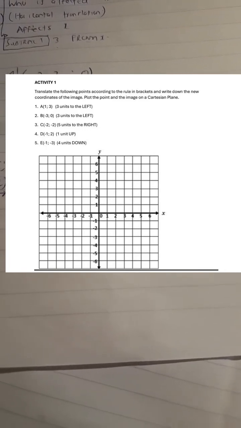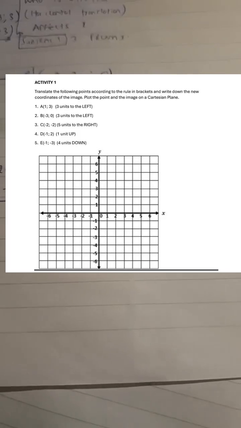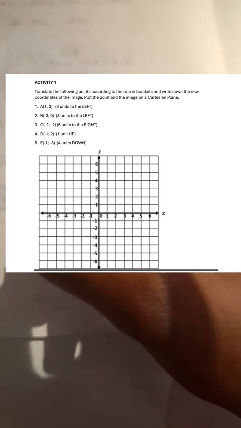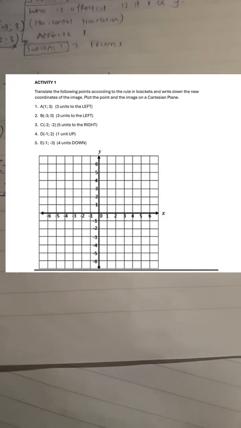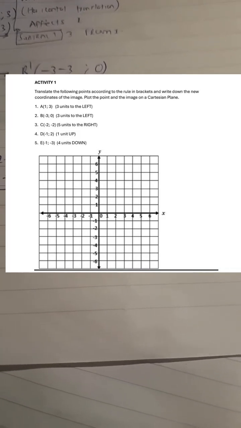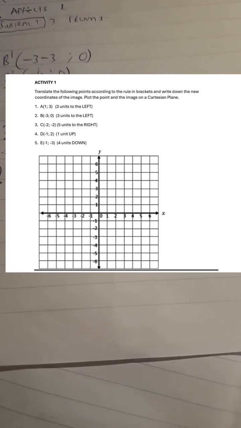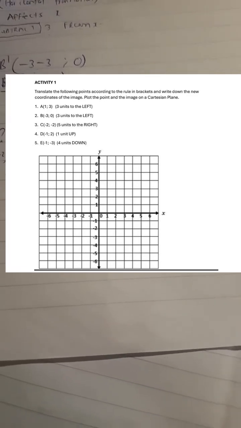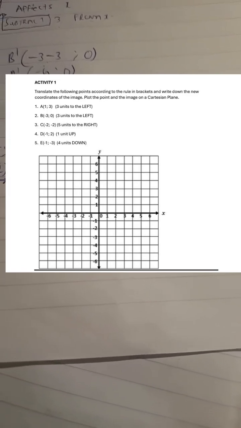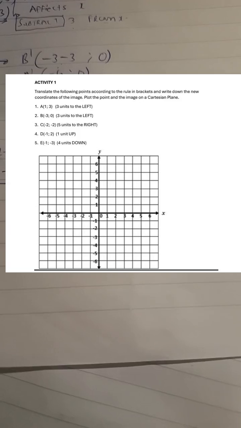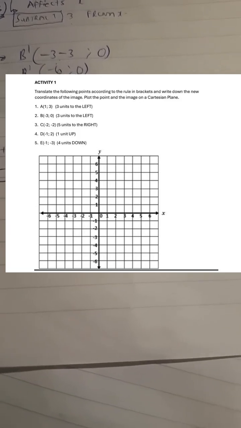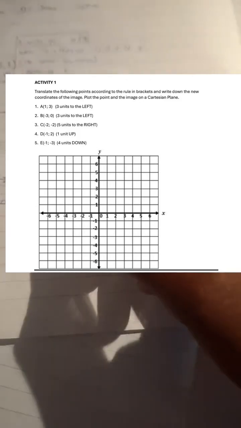But now we need to think about who is affected. So two things. Vertical translation speaks to who is being affected, y is being affected. We are no longer dealing with x being affected when we talk about vertical translation. We talk about y being affected. Okay, so our y value is the one that is being affected when we talk about vertical translation.